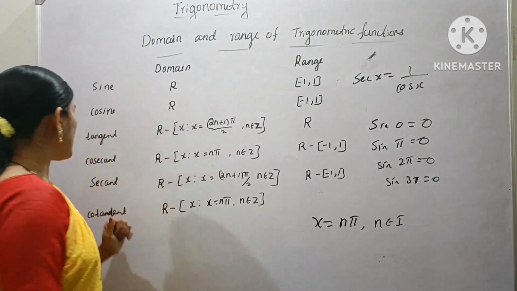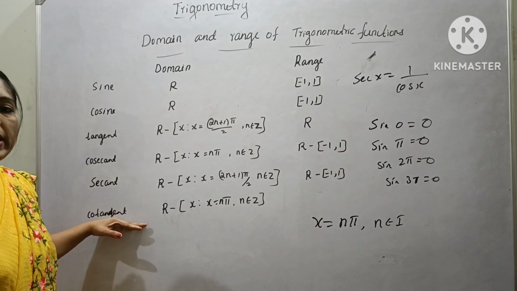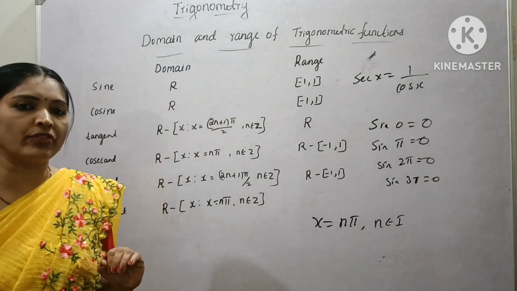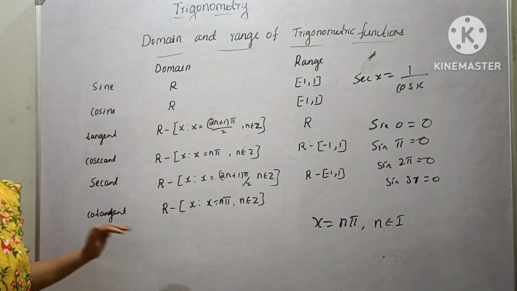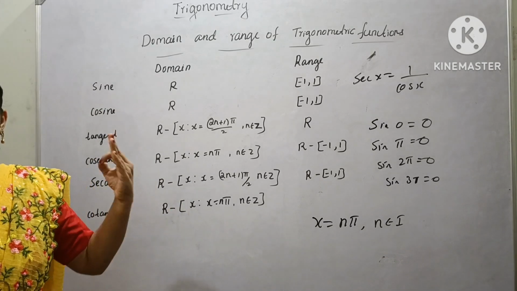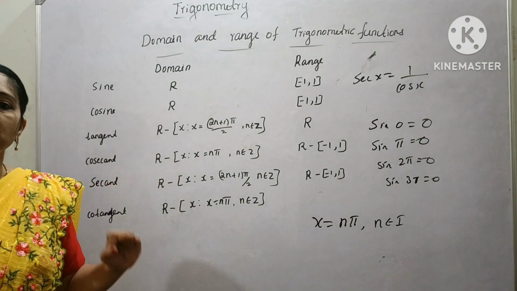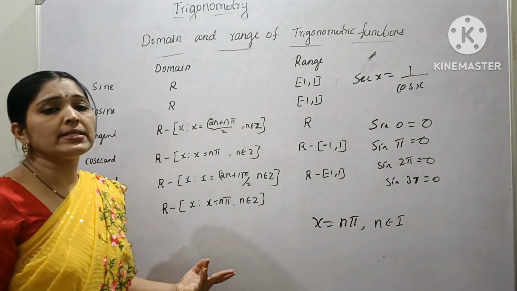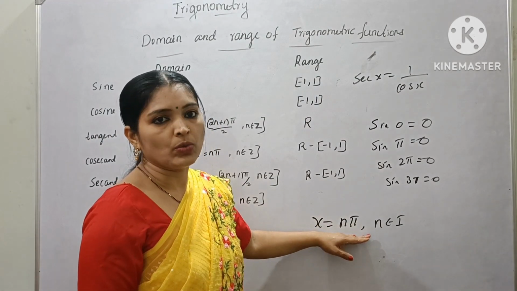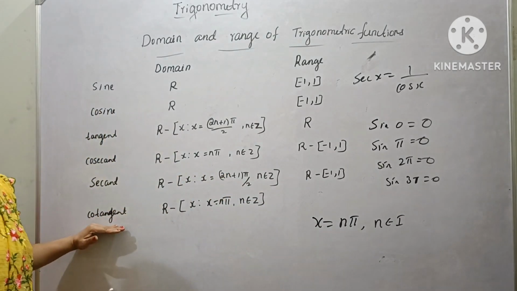Next, cotangent. What is cot? Cot is cos by sine. Here the denominator function is the sine function, right? So cot will be defined for all values except the values that make sine 0, that is x equal to n pi. Except these values, cotangent will be defined.